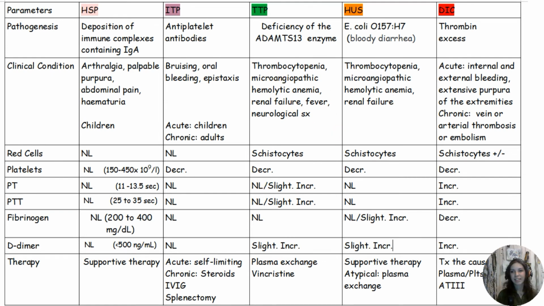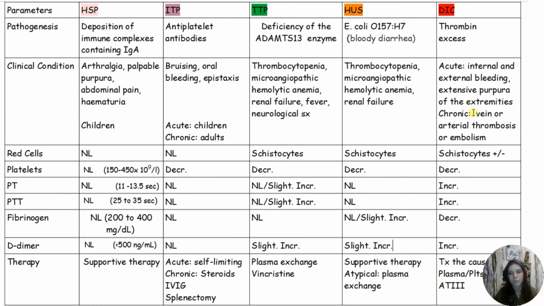Okay, and DIC is an abnormal response of a normal coagulation cascade. At first there will be thrombosis and then hemorrhage. Causes for acute DIC are obstetric complications, trauma, tumor, sepsis, snake bite, and acute pancreatitis.